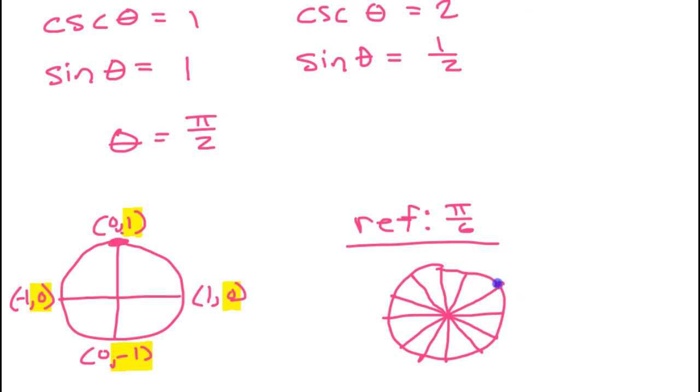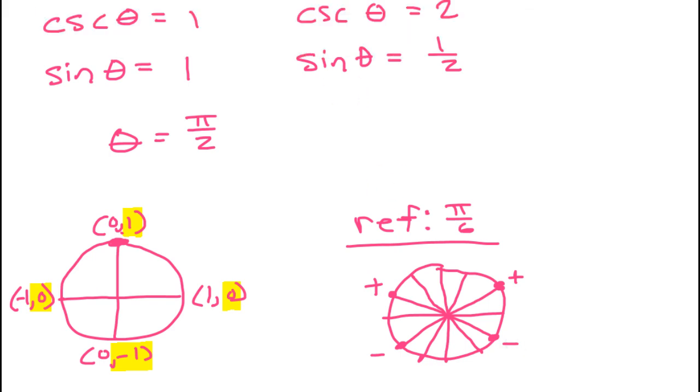So these 4 angles are the 4 angles that have a reference angle of pi over 6. We're talking about the sine function. The sine function is a y value on the unit circle. So y values are positive in the first and second quadrant and negative in the third and fourth quadrant.